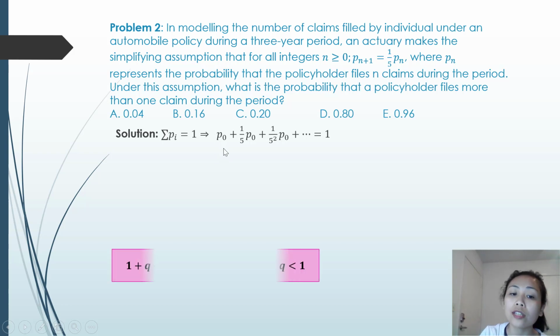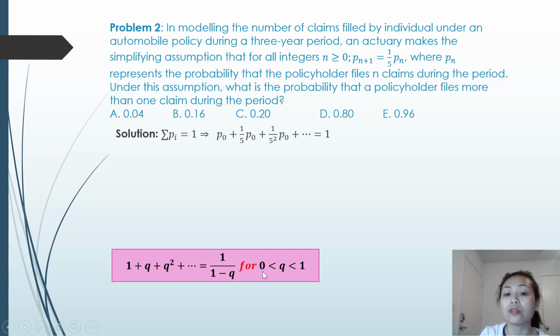We are going to factor p0 out, and we will be able to use the geometric series formula right here. In lesson 4 you are going to use a lot of this series, and also in lesson 5 or 6 you are going to have to use the geometric series a lot.